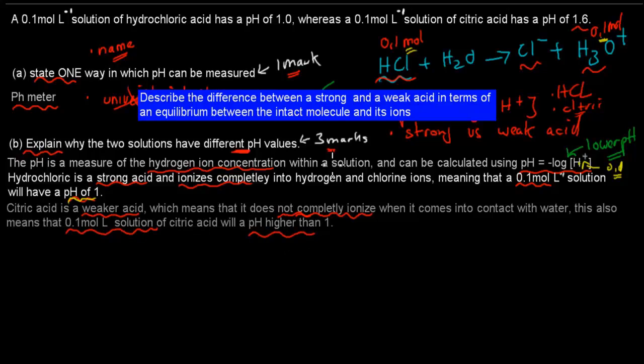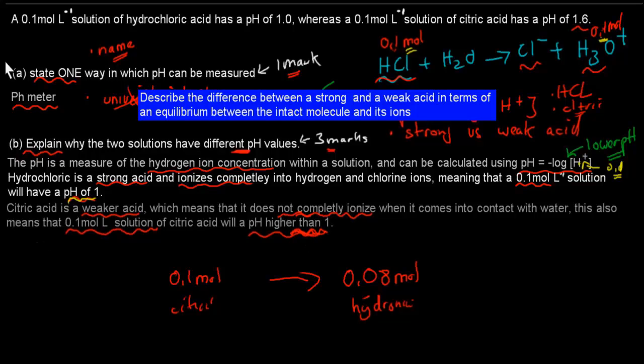Again, the reason for this is here we had 0.1 molar turning into 0.1 molar, but with citric acid, we would have 0.1 molar of citric acid turning into something a bit less because it doesn't completely ionize. So it might be, again, this is just not actually accurate, but let's say 0.08 molar of hydronium ions, right? So you have slightly less hydronium or hydrogen ions because it didn't completely ionize. And if you were to type that into your pH equation, you get a pH of slightly higher than 1 because it doesn't completely ionize.